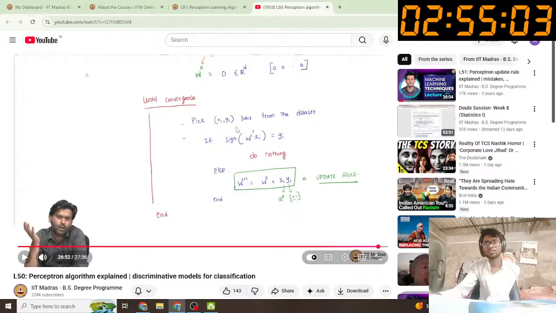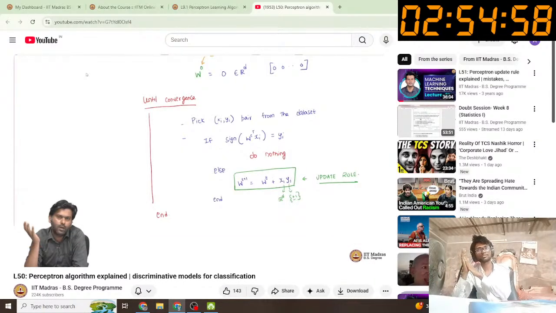So we are going to see a mathematical proof of whether this algorithm will actually converge or not. At a later point of time we will see that, and I will discuss there also what things you need to pick up from this overall derivation.